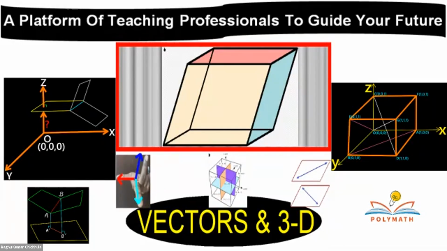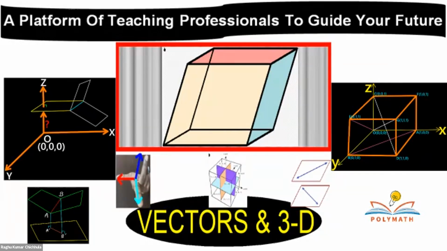And even the equation of the straight line also we have seen, and we have compared vectors with three-dimensional geometry. And I gave you every formula of three-dimensional geometry from the window of vectors.